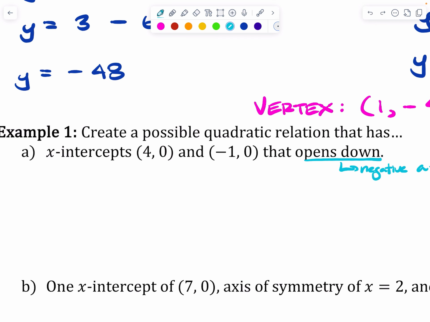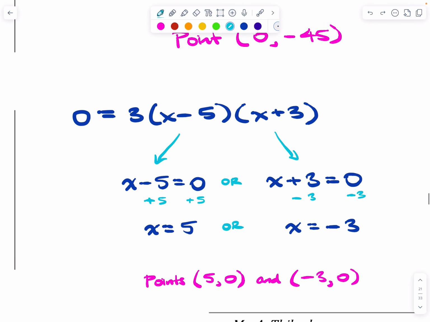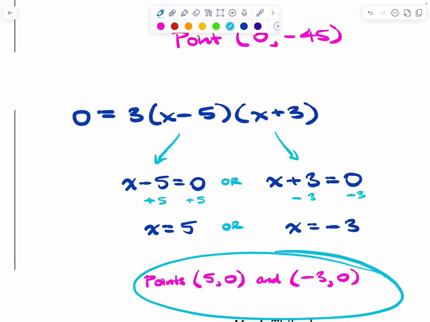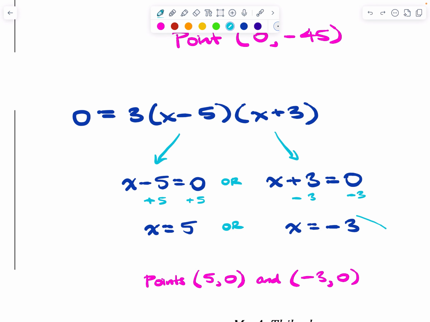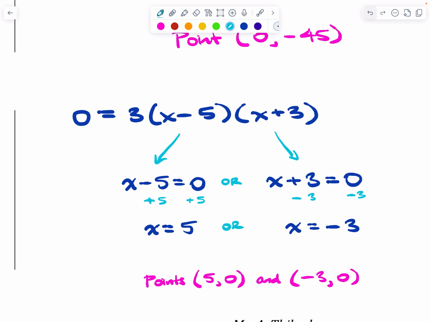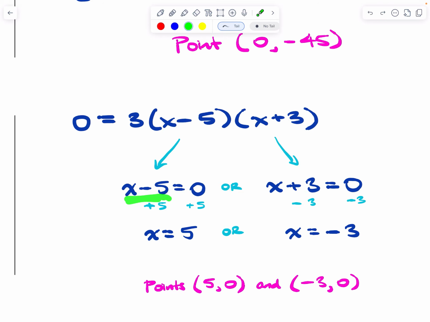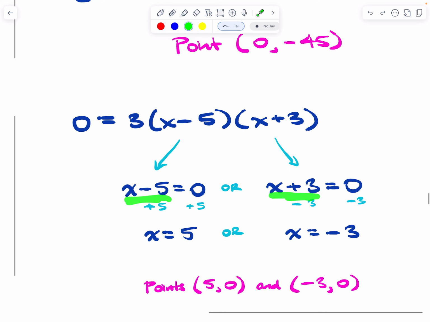So in that factored form, reviewing those steps, we ended up with a couple points. They came from these statements of x. They came from there being a 0 on one side and everything else on the other. And then each one of those things on the other side was a factor of the original equation.